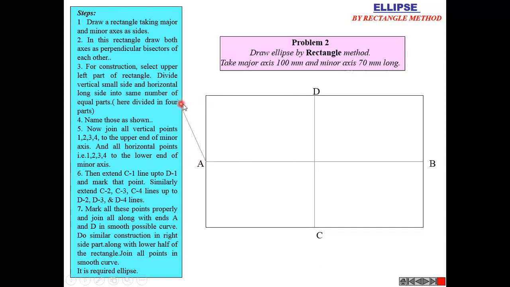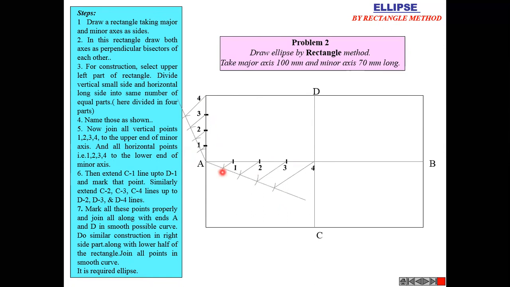Here we have divided it into 4 equal parts, namely 1, 2, 3, 4. Again, we divide this segment, half of the major axis, into the same number of equal parts, that is 4 equal parts, and name them 1, 2, 3, 4.